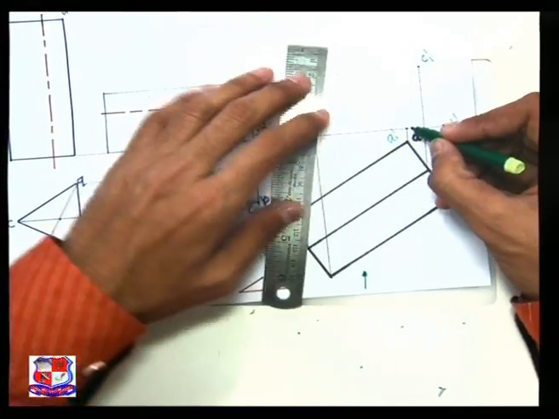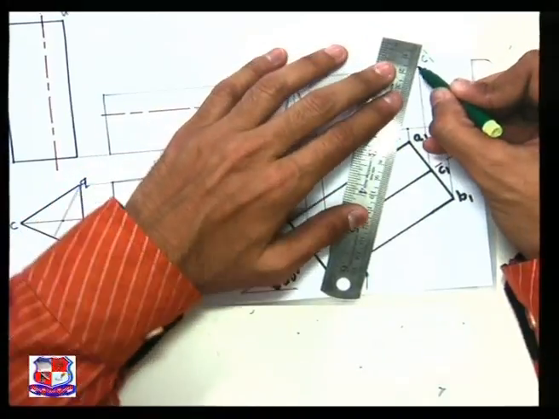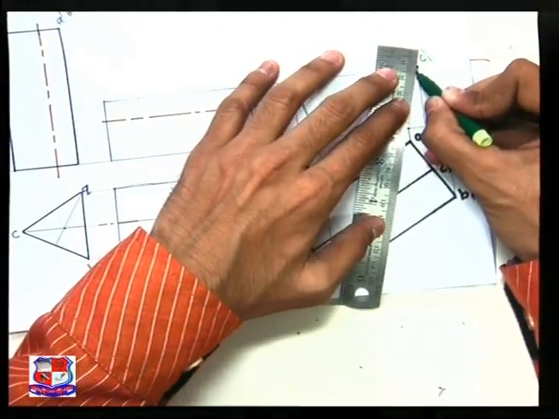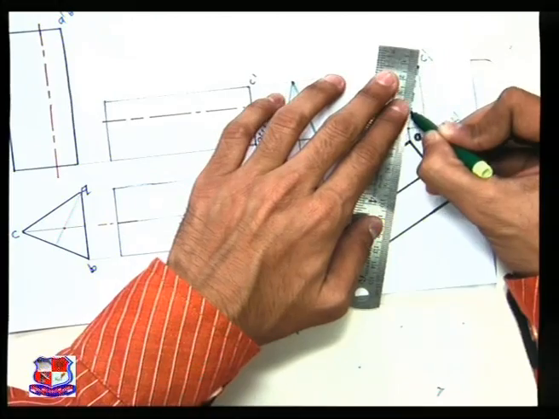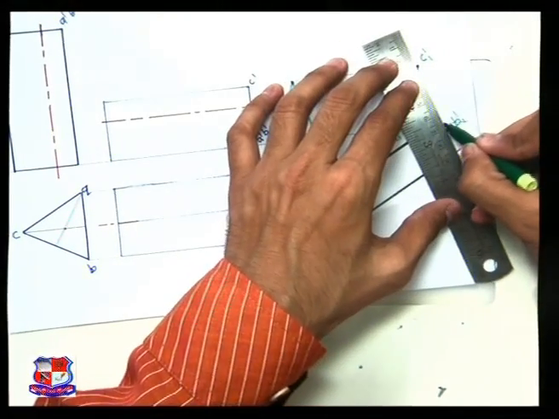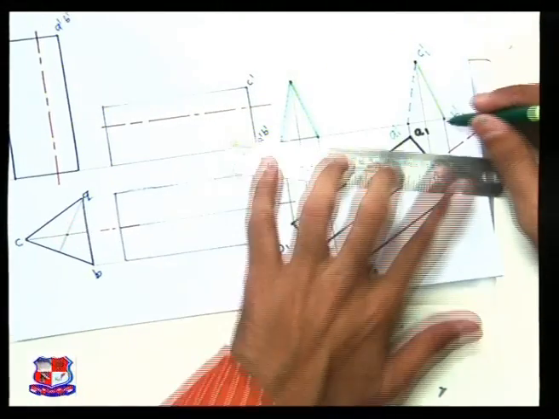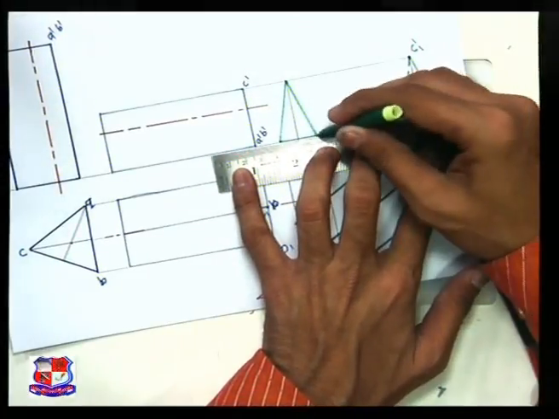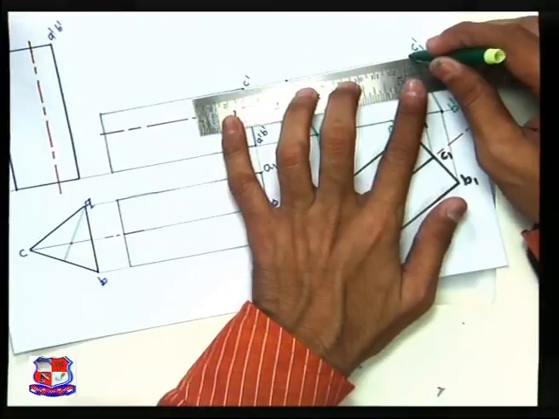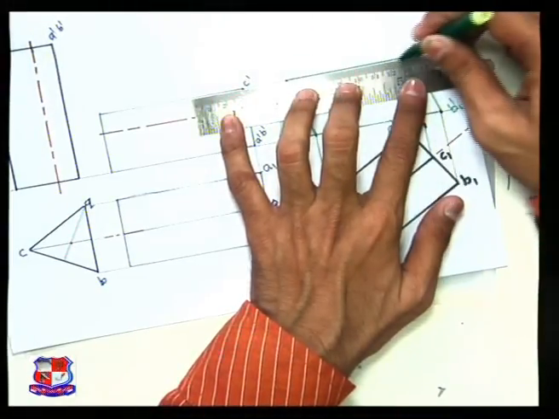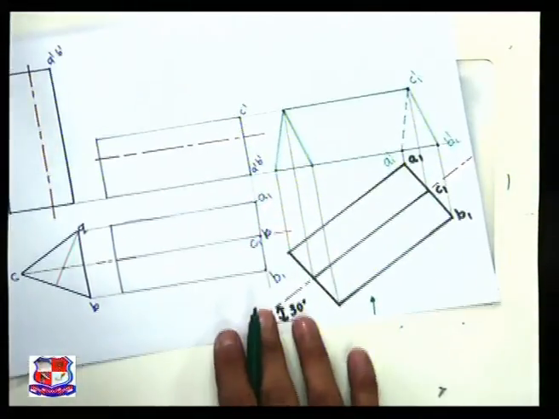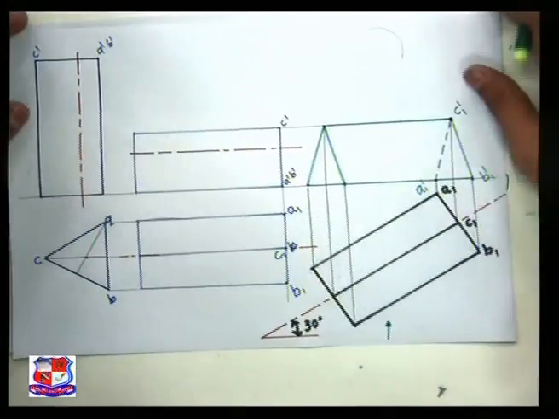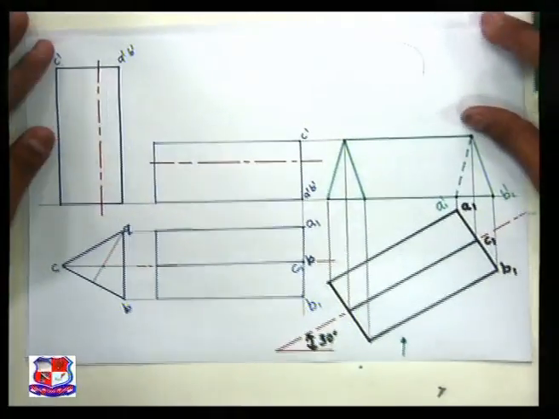And here A is not visible, so that is joined with a dotted line like this, as it's a hidden edge. This outside line, C1 B1 dash, is represented by a full line. This is also a full line, and this edge is also a full line. So this is the front view for the third position.